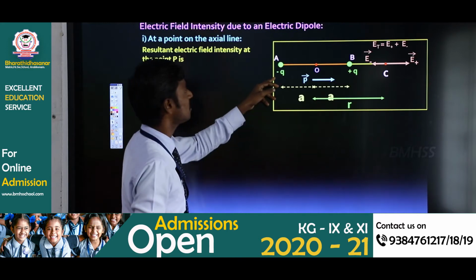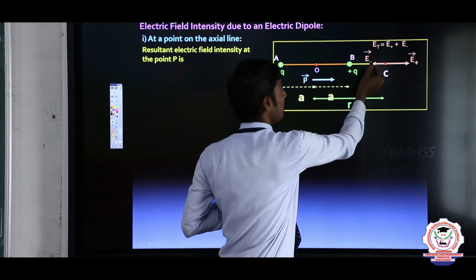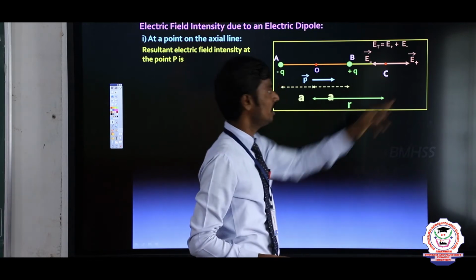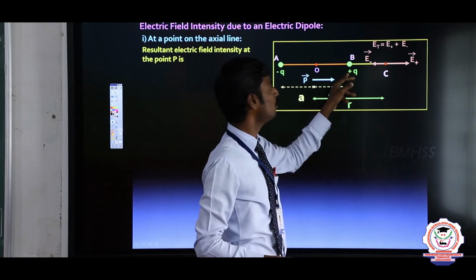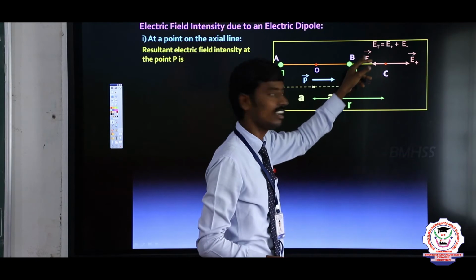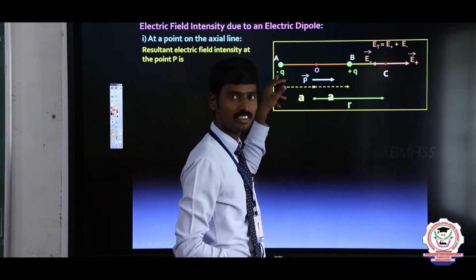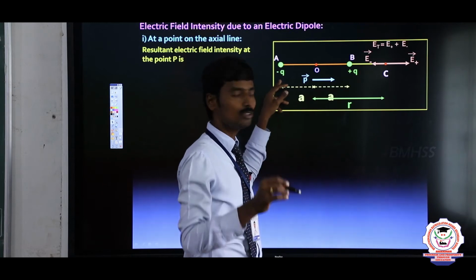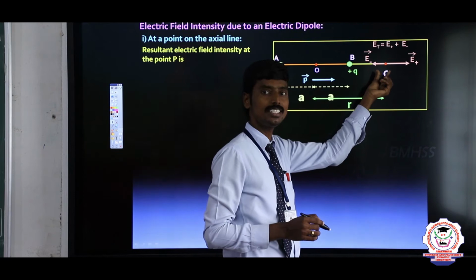Here the minus q charge produces an electric field radially inward, which means E minus vector. E plus vector is the electric field due to the plus q charge, and E minus vector is the electric field due to the minus q charge. With this we are going to find the total electric field at the point C.